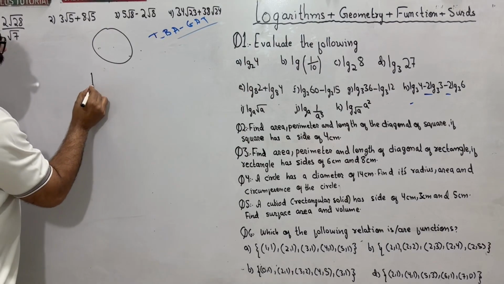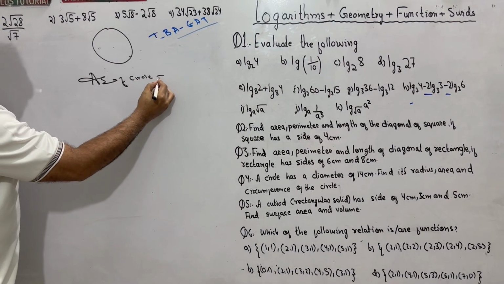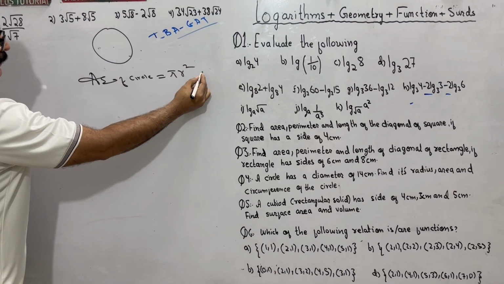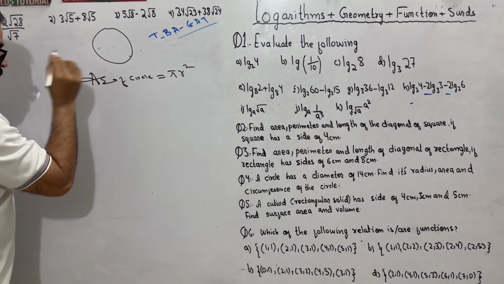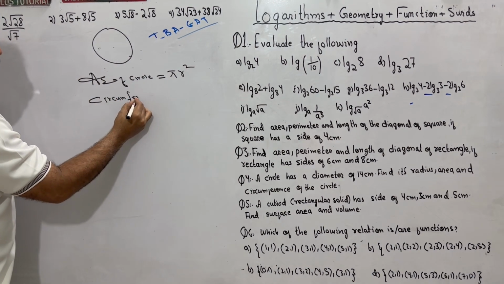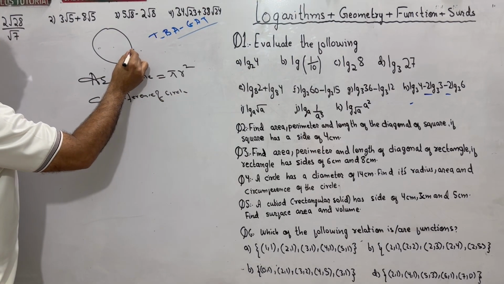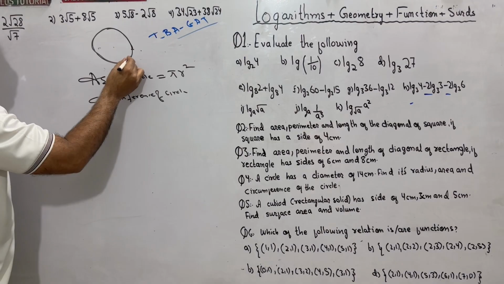Area of a circle is given by pi times r square. Instead of perimeter, we have circumference of the circle. This complete round is known as circumference.